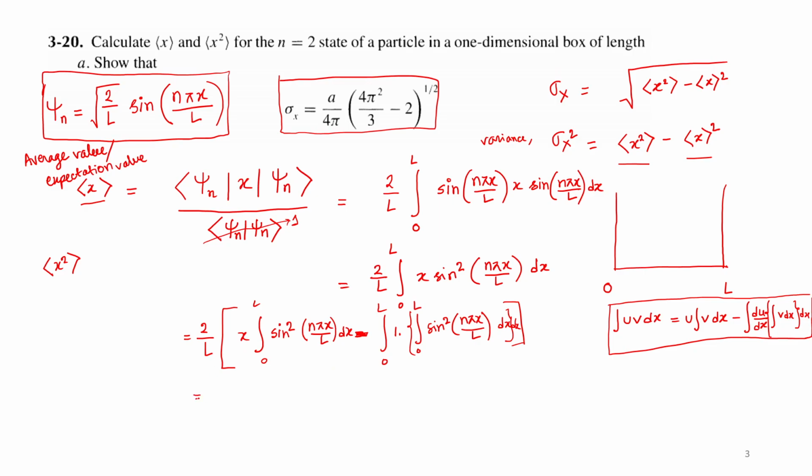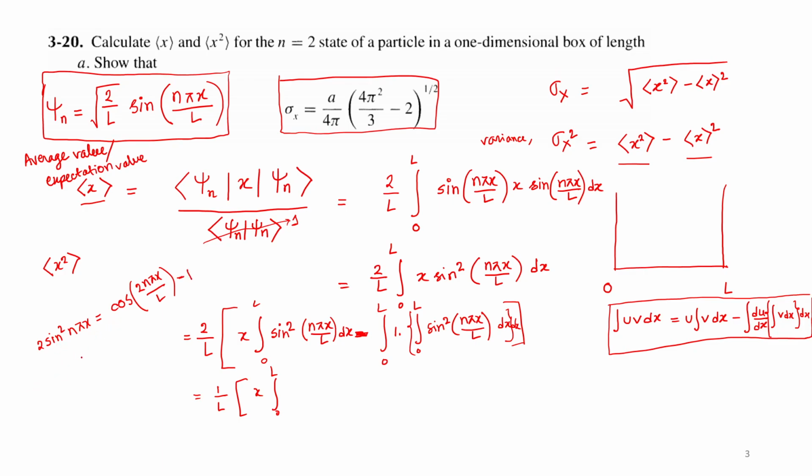So I will take this 2 inside. So my x sine will become 2 sine square n pi x, which is equivalent to cos 2 n pi x by L minus 1, I guess. I will quickly check.